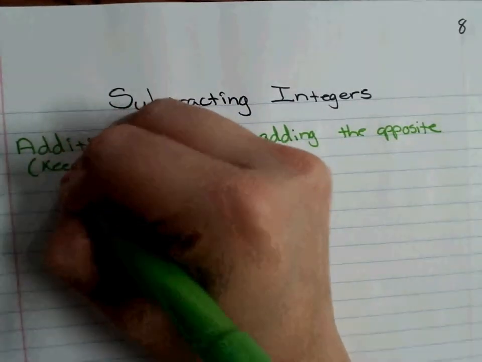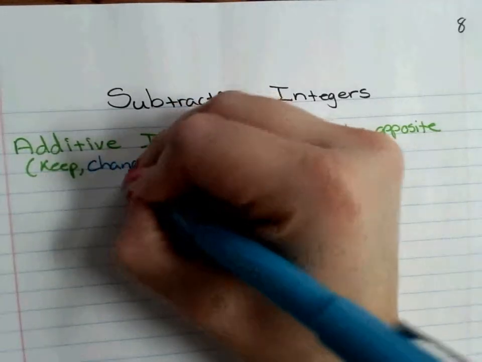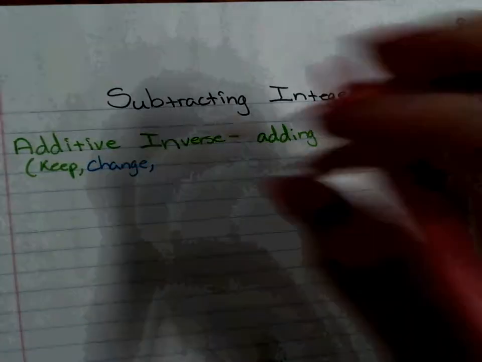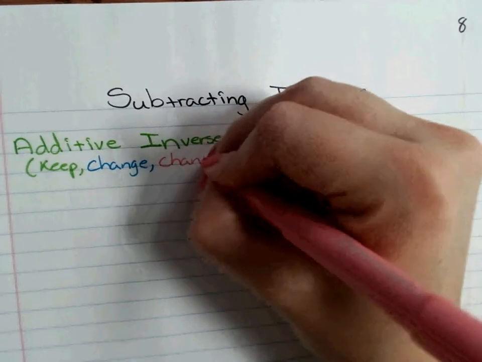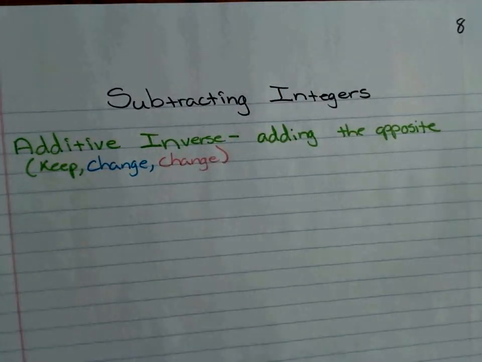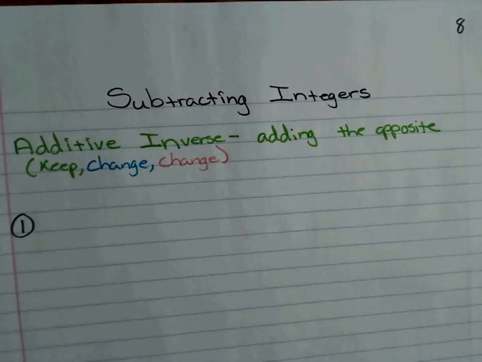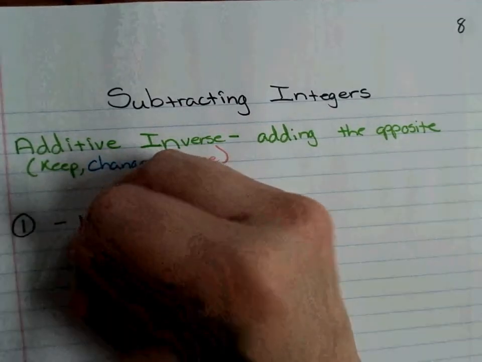So I'll write that here off to the side: you keep the first number, you change the operation into an addition, and then you change the second number into its opposite value. So if it was positive, it now becomes negative, and vice versa. Well, keep, change, flip is more of when we talk about dividing with fractions.